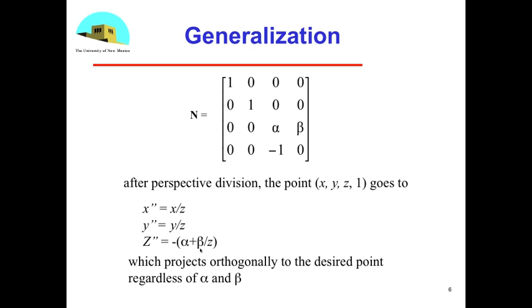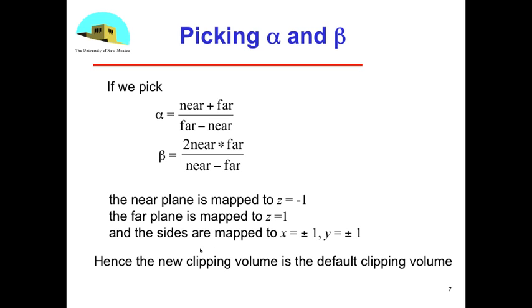And because it moved these two planes in z to -1 and 1, what you've done is you've distorted everything with this matrix, so everything fits inside of this cube again, our standard cube, which goes from -1, -1, -1 to 1, 1, 1. Hey, I just got back exactly what I did all that work to do in the orthogonal space.